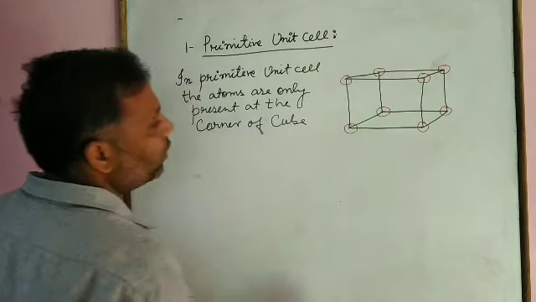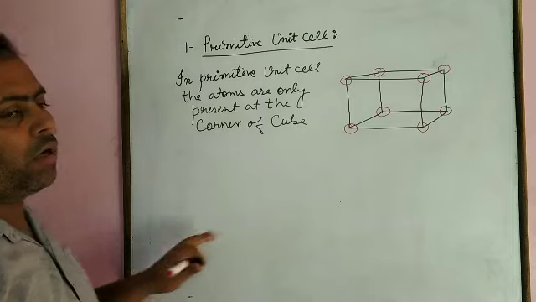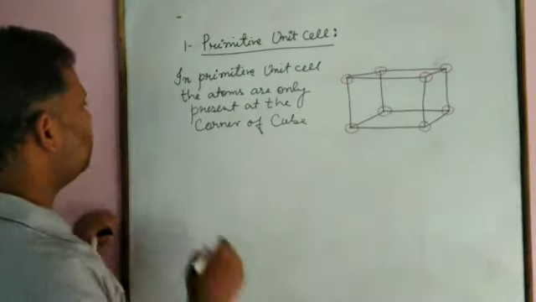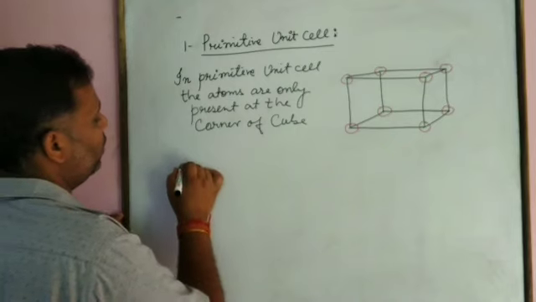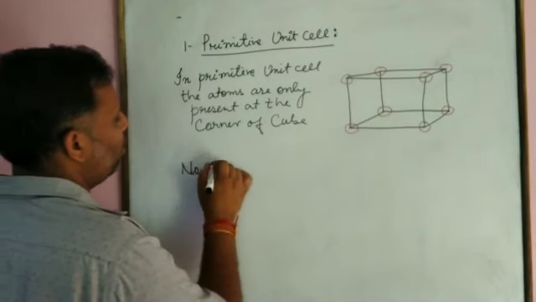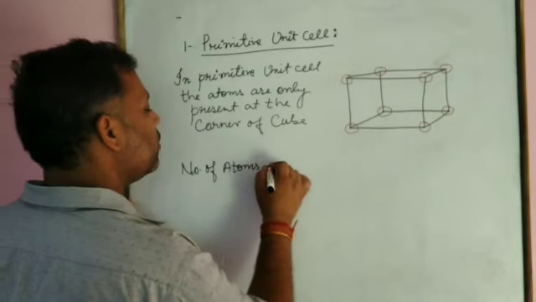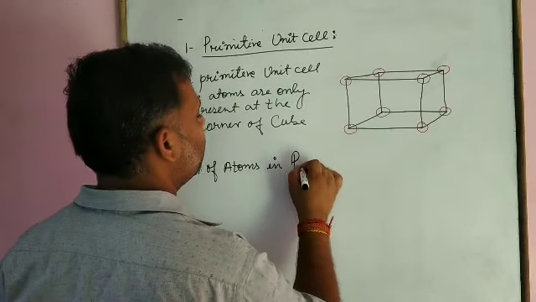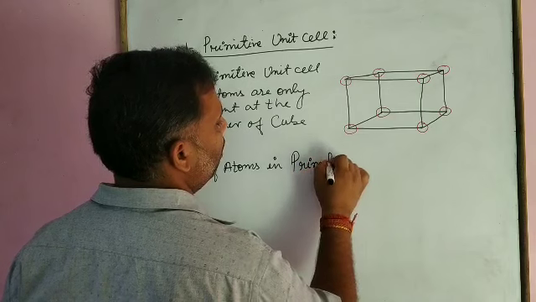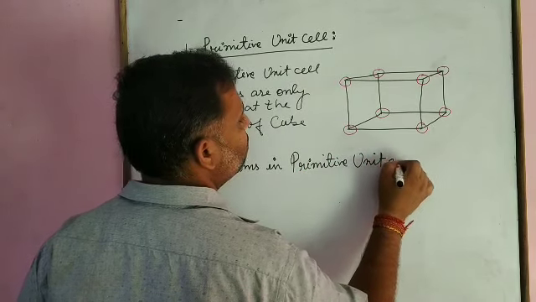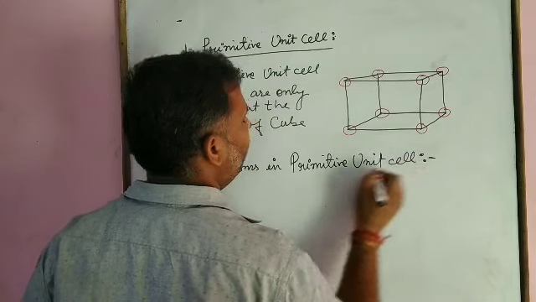As you see here, if you want to calculate the number of atoms in primitive unit cell, it means the number of atoms in primitive unit cell. How will we calculate?